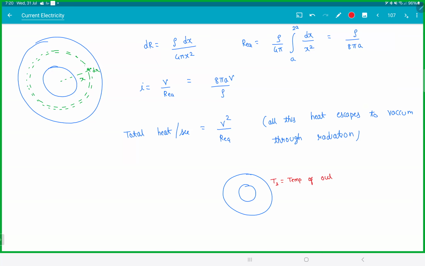How will you find the temperature of the inner surface? Think. So if I have to ask you this question, I'll ask you this only. Find the temperature of the outer surface and inner surface. Outer you can still find. Inner is not that straightforward.